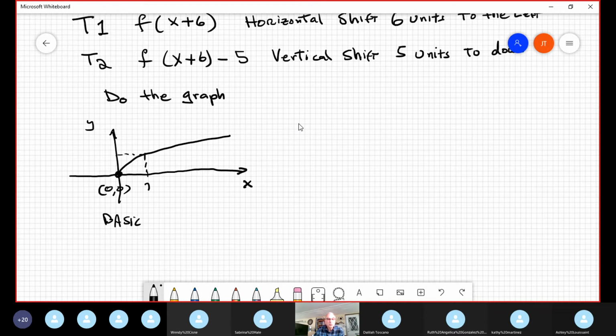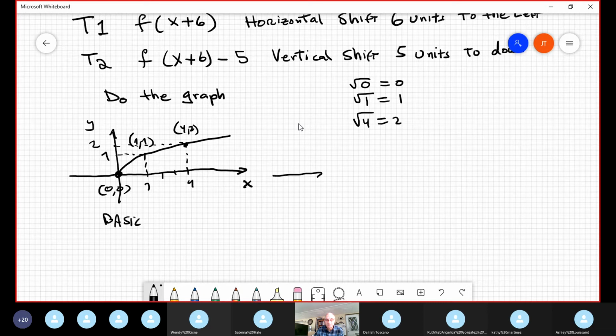How do you know? Because square root 0 is 0, no? Square root 1 is 1. This is the x value, this is the y value. And square root 4 is 2. This is 1, 2, 3, 4, 2. Okay, this is the point 1, 1, and this is the point 4, 2. This is the basic square root function.